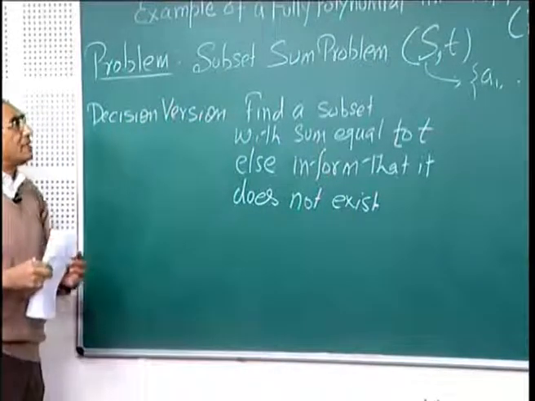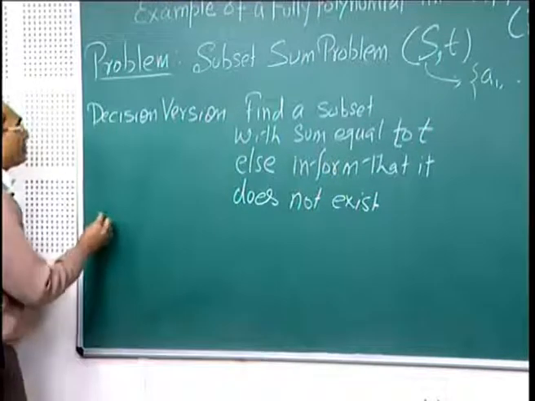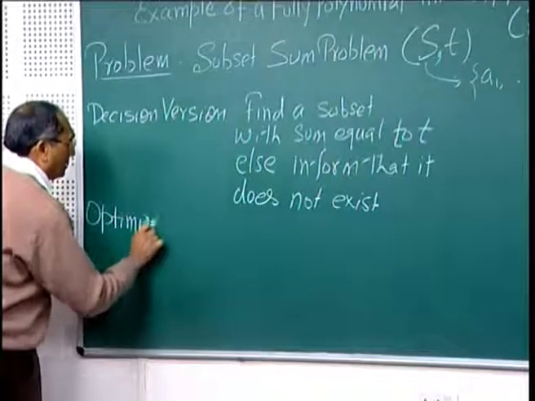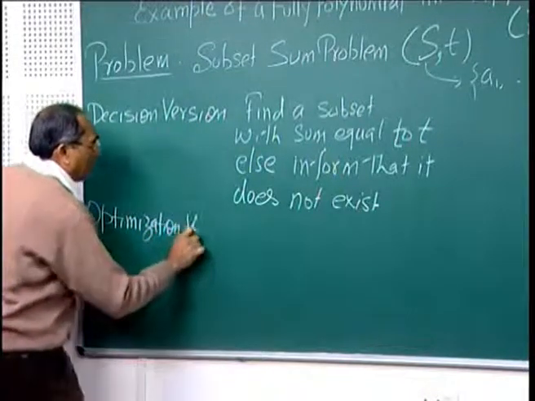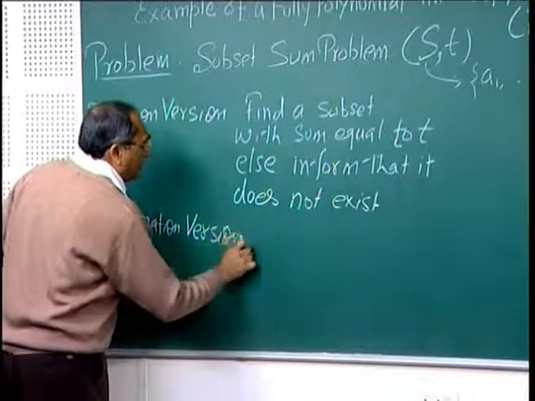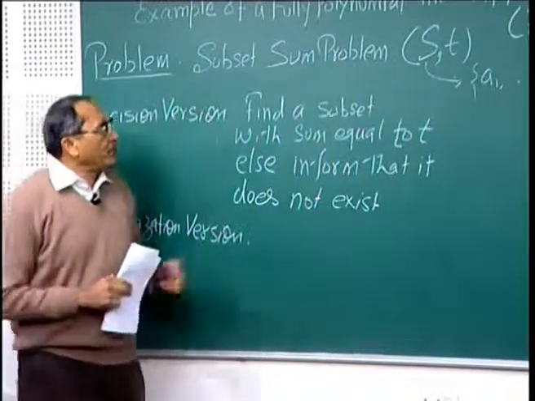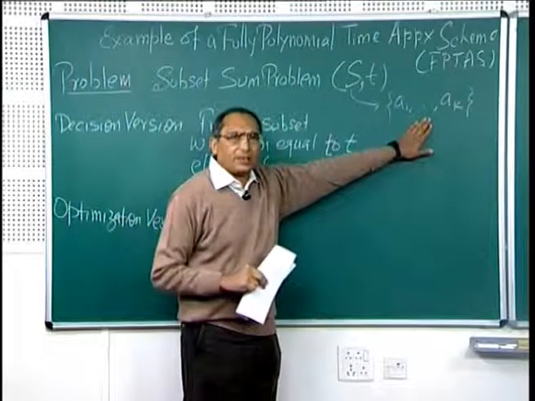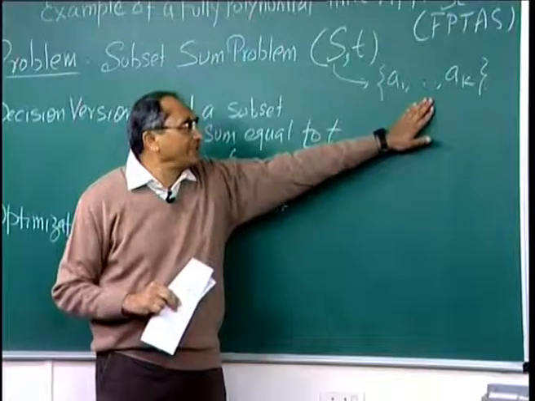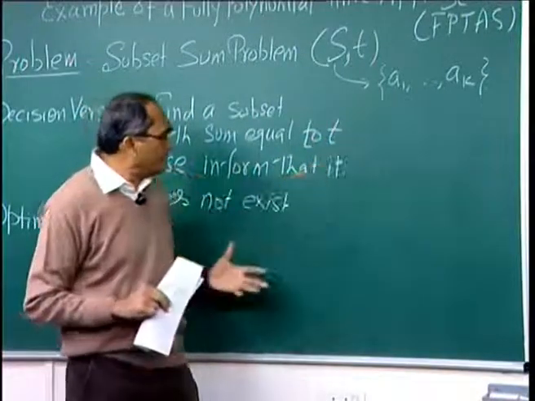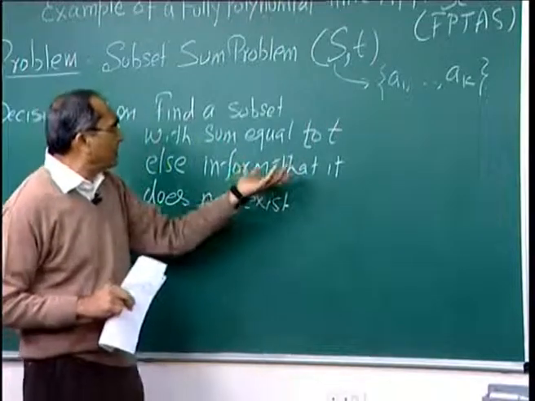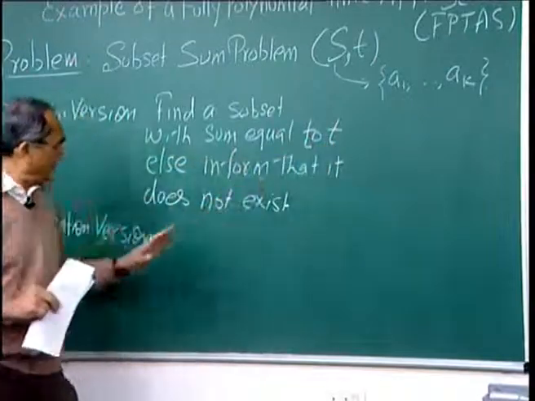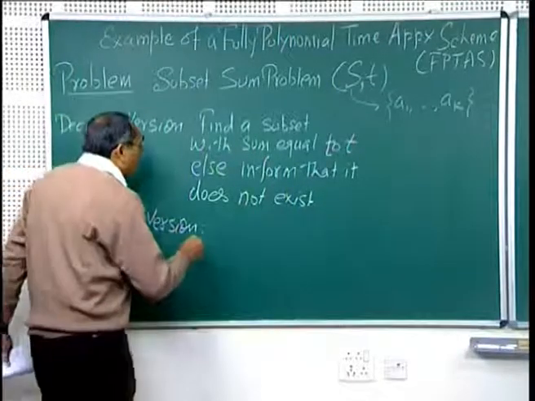But of course, we are doing approximation and we want an optimization version. So, in this case, we want to compute the largest possible subset sum not exceeding t. Such a number will always exist. Of course, in most cases you will not find a subset which adds up to t, but here we are asking for the largest sum.